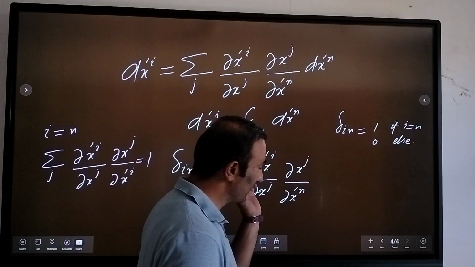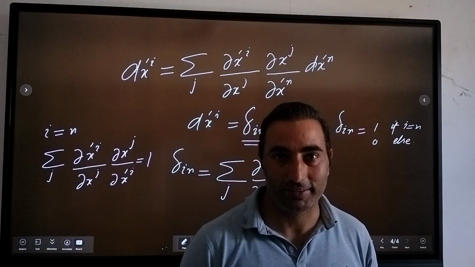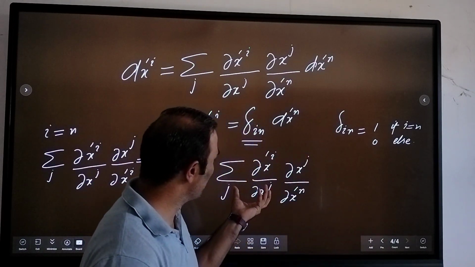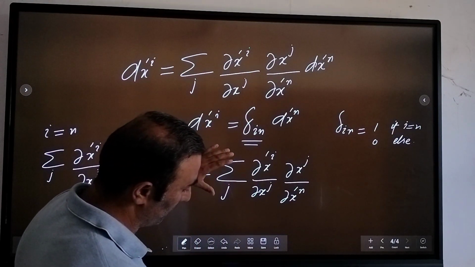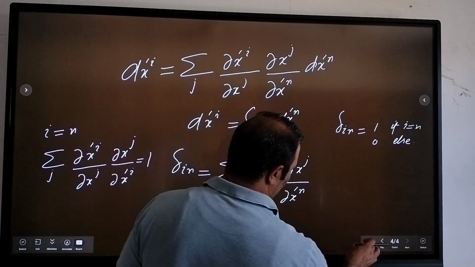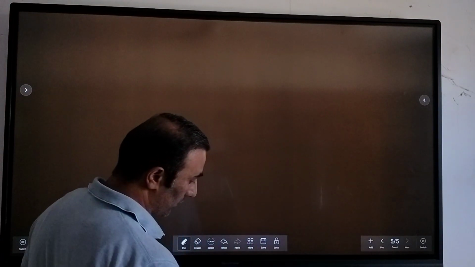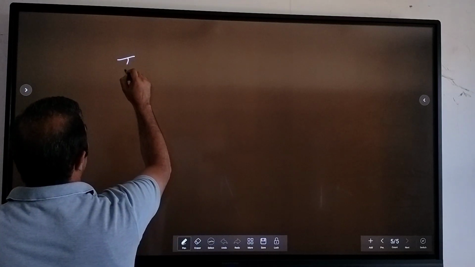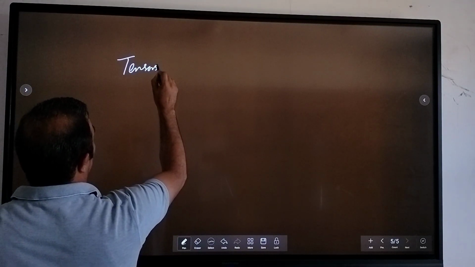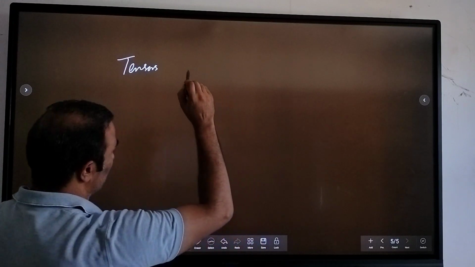So this is what I wrote, so that means this is our transformation matrix, right? And that's nothing but our Kronecker delta, right? So as I already told you, tensors transform as the coordinates do. So it hardly matters which coordinate system you are using, right?